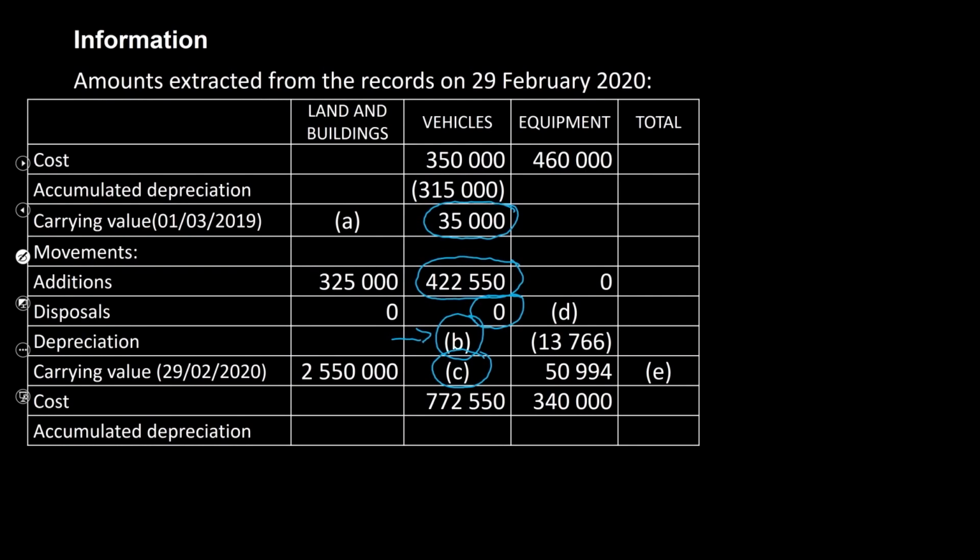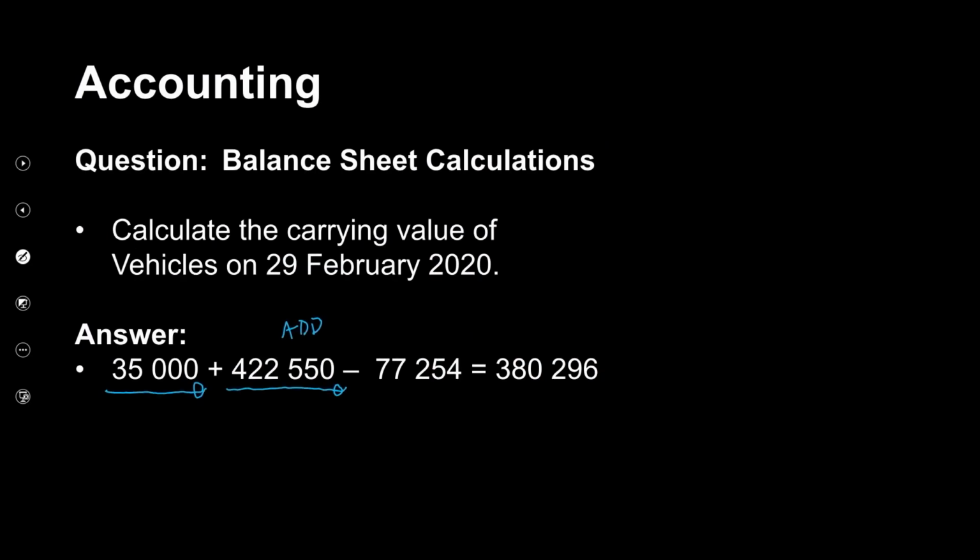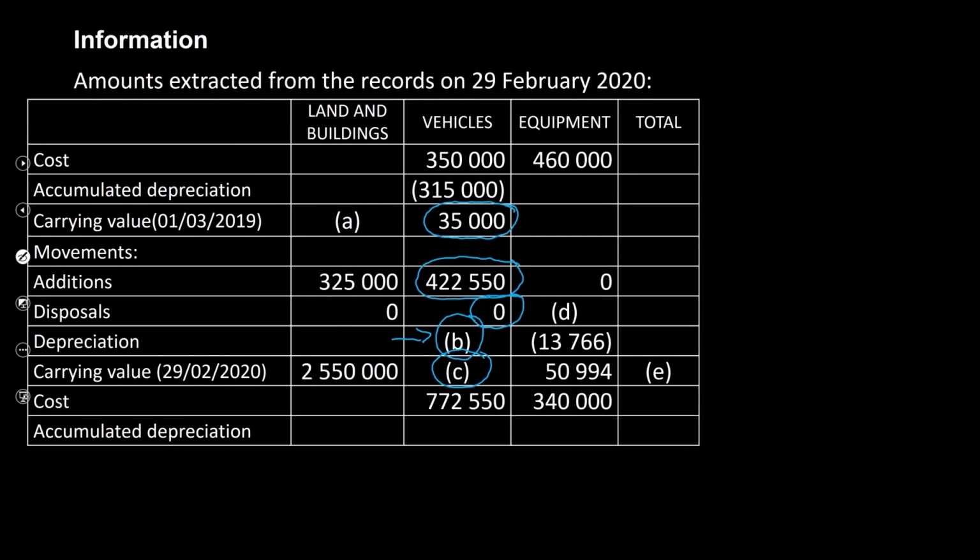Here we go. There's my calculation of my total depreciation, 77,254. Therefore, bring that in, minus your 77,254. That was your depreciation that you had calculated already, taking your 35,000 plus 422,550 minus your depreciation, because as you can see here, your depreciation is something that appears in a bracket.